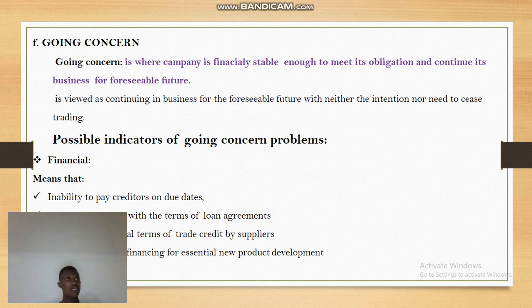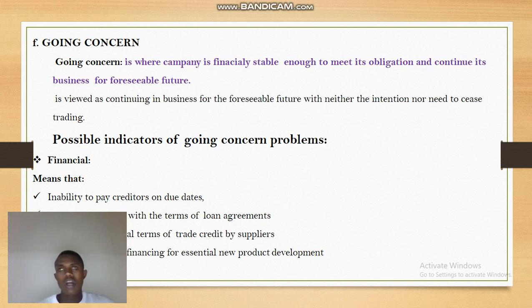The indicators are financial, operational, and also compliance. Briefly, financial problems are where an institution or company is not able to pay its creditors.